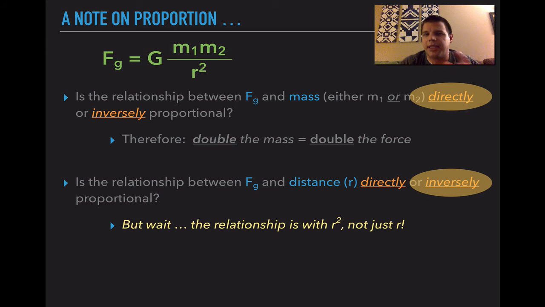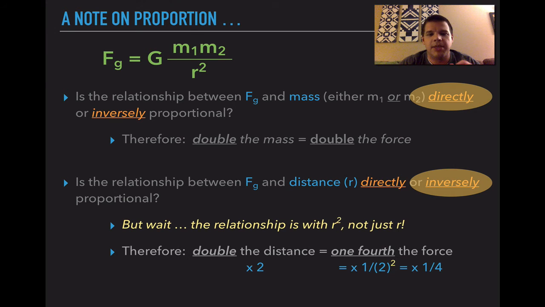And so that complicates things a little bit because what's going to happen is if we were to double the distance, that's 2 times, but that 2's got to be squared now because the distance is squared in the equation. So 2 squared is 4, and I'm going to have an inverse relationship, so as one increases, the other decreases. So doubling the distance, I'm increasing that, and therefore the force would decrease by a magnitude of 4 because 2 squared is 4. So I'm going to have a quarter of the force.